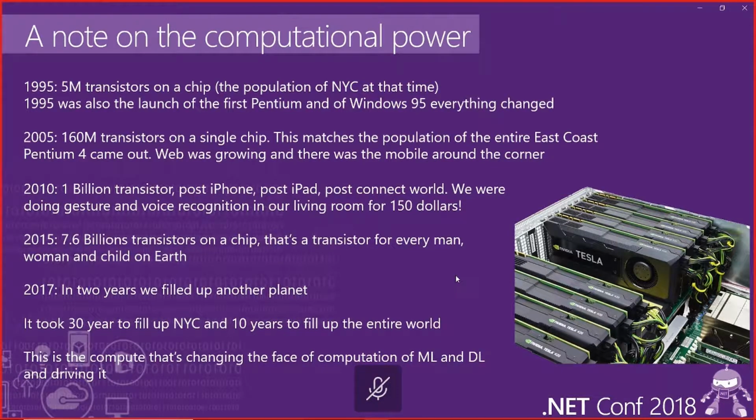It took 30 years to fill up New York City, and just 10 years to fill up the entire world. That's the compute power that is changing the face of how we will see the world in the next couple of years. And that's why now is the right moment to jump into the artificial intelligence field and start developing for it.